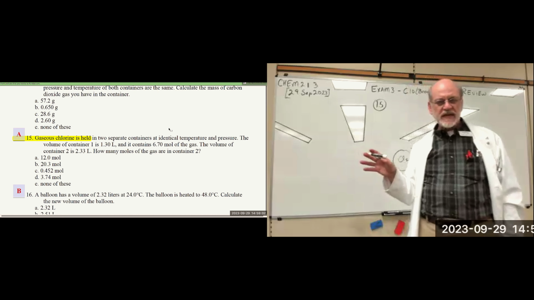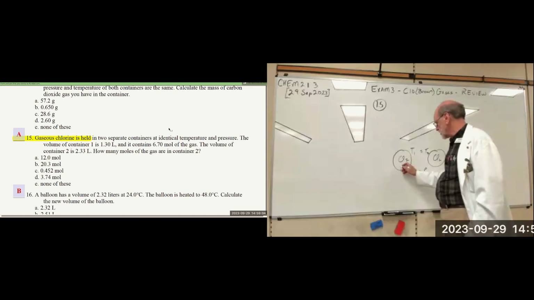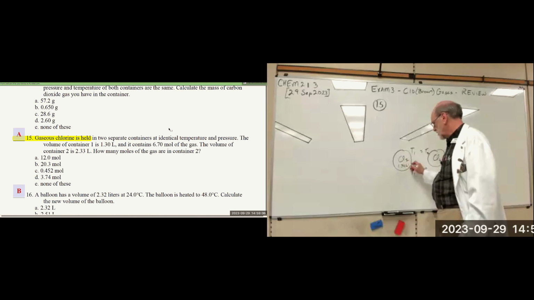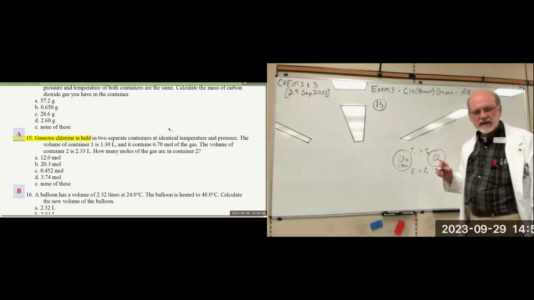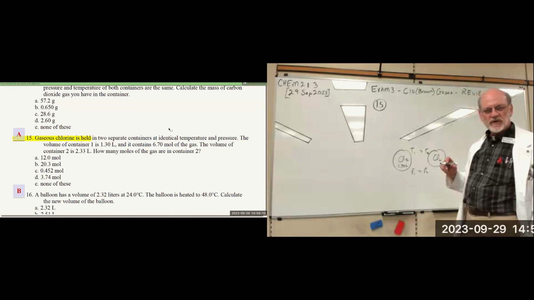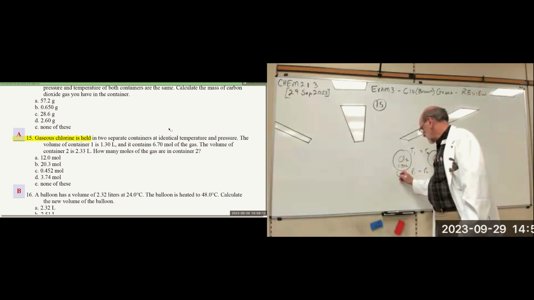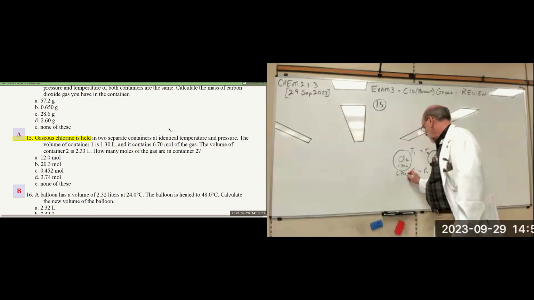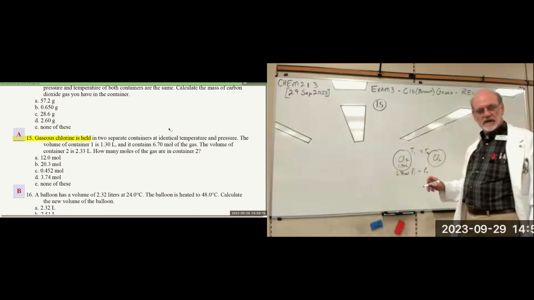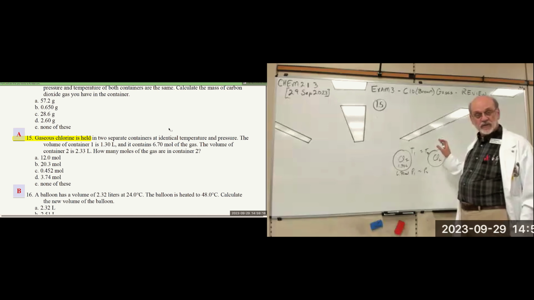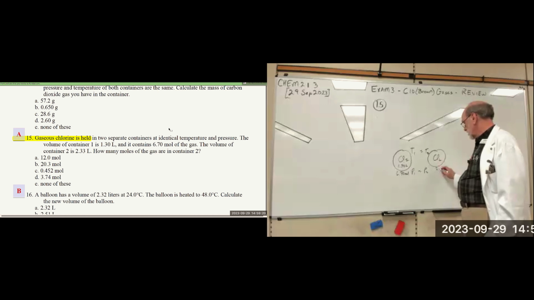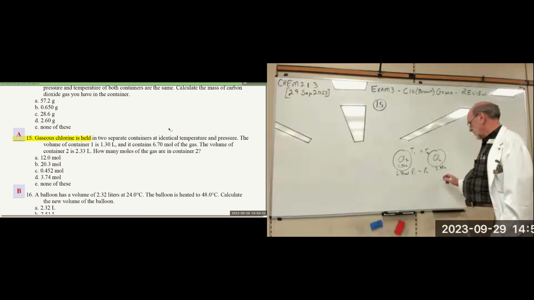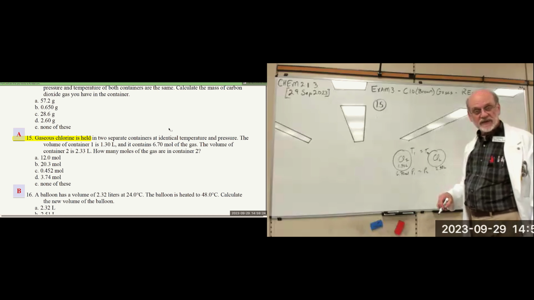The volume of container 1 is 1.3 liters, with 6.7 moles of the gas. The volume of the second one is 2.33 liters. And I bet the question is how many moles?